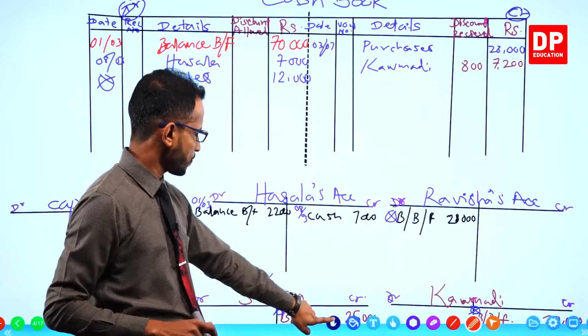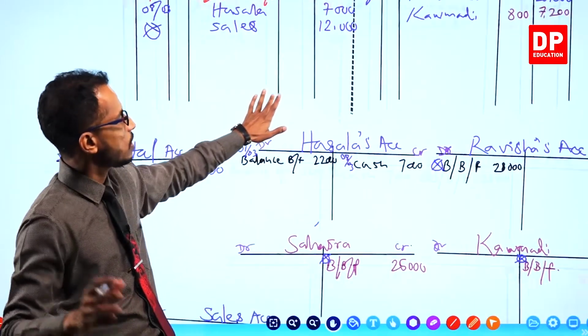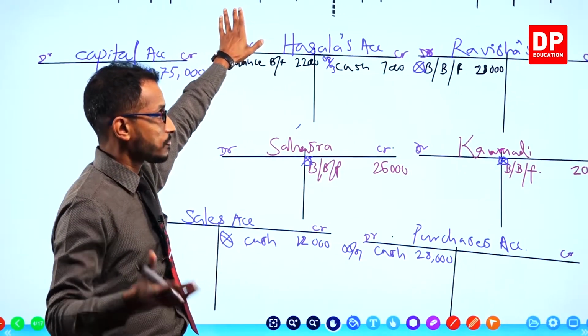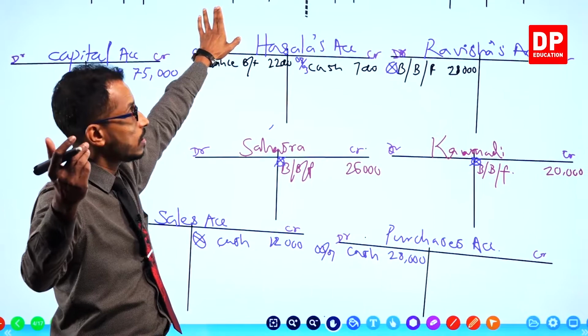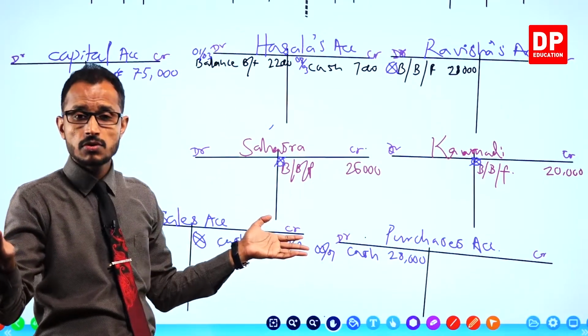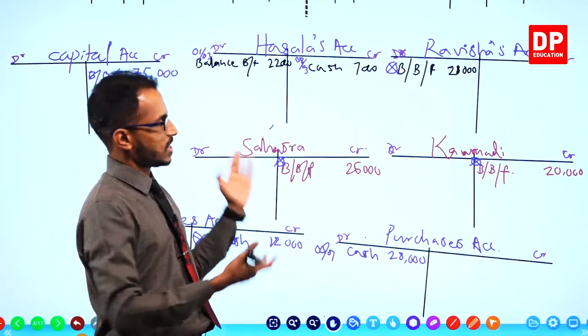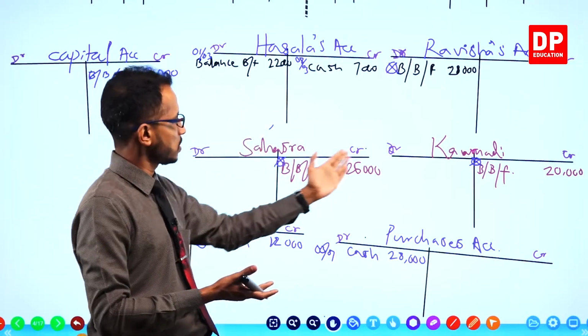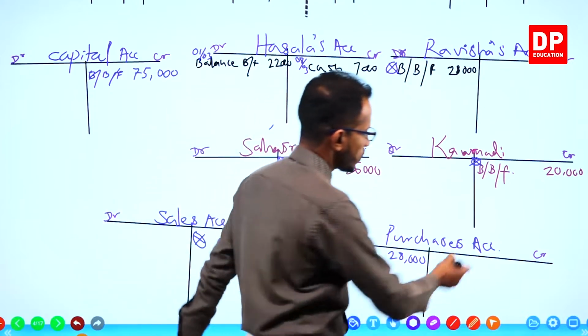Where's Kaumadi's account? Now, should we draw a separate account for Kaumadi? What do you say? We should draw Kaumadi's account now? No, Kaumadi's account is here. It's there, with the opening balance, see?